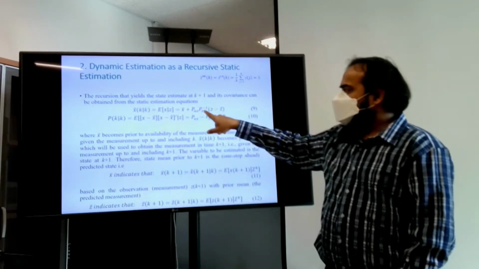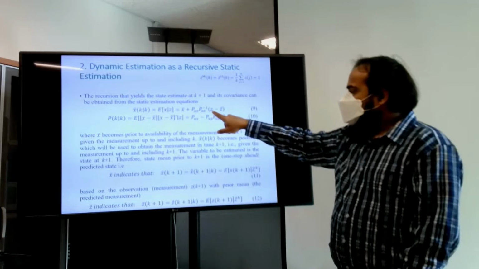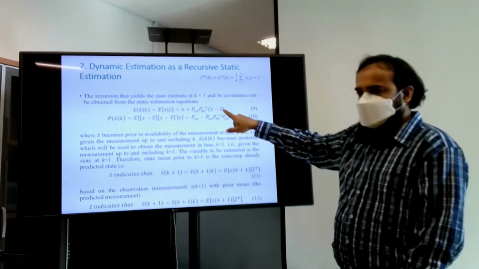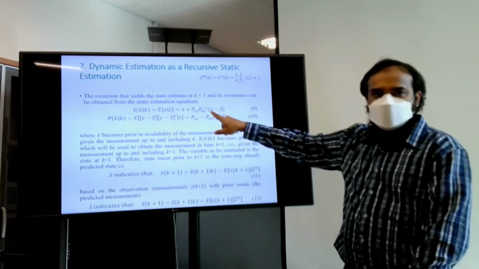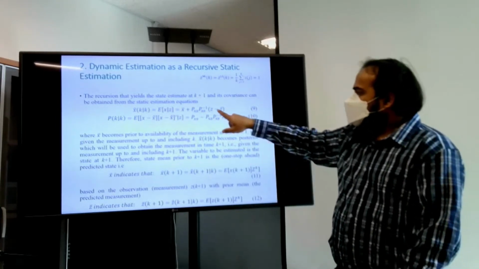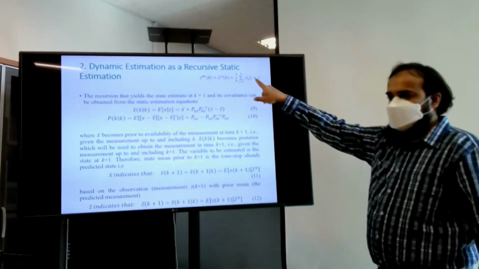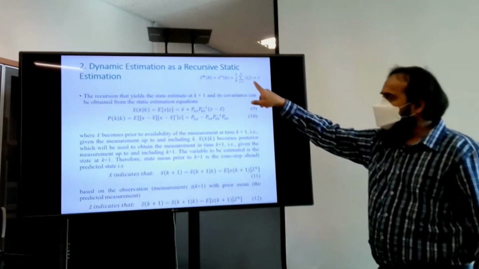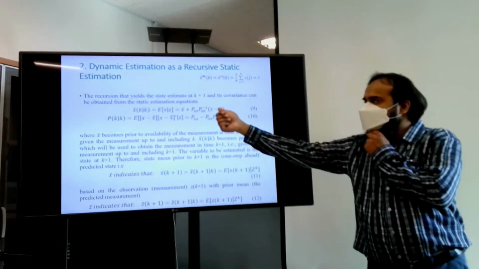This is the filter gain, and it is multiplied by z minus z bar. Here z is the sensor measurement, the same as this one, and this is from some estimation equation, z bar, the mean value of z.